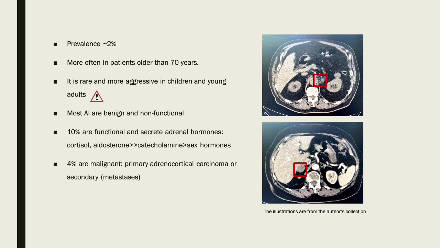They are often malignant and should always prompt a specialist referral with proper investigation. In adults, though, most adrenal incidentalomas are benign and non-functional. Among the malignant lesions, 50% are functional and secrete cortisol, aldosterone, catecholamines, and very rarely sex hormones.